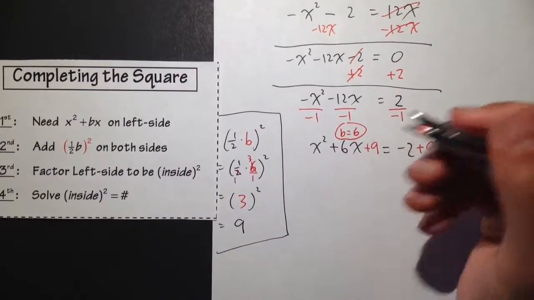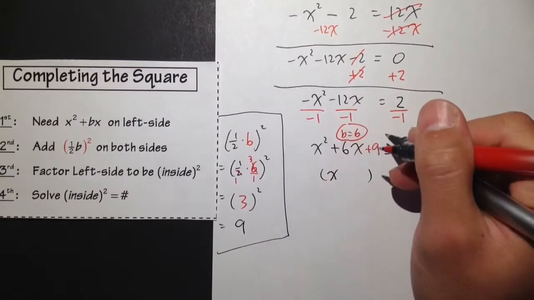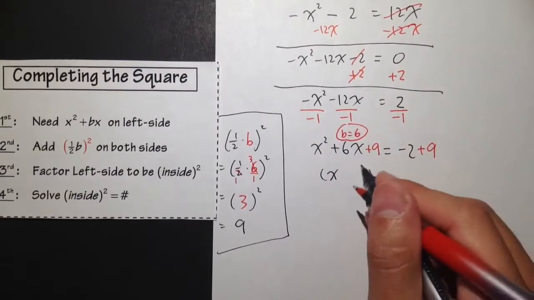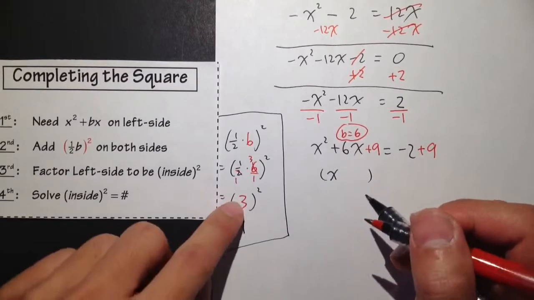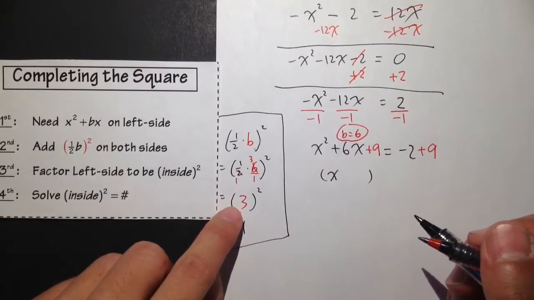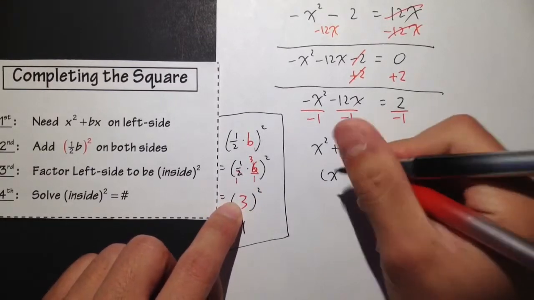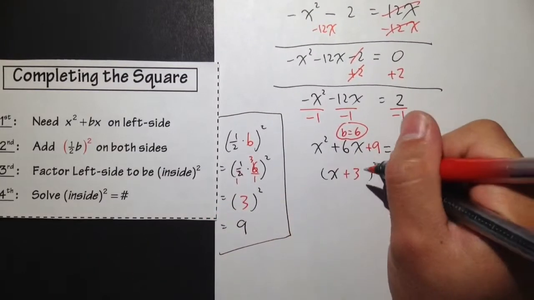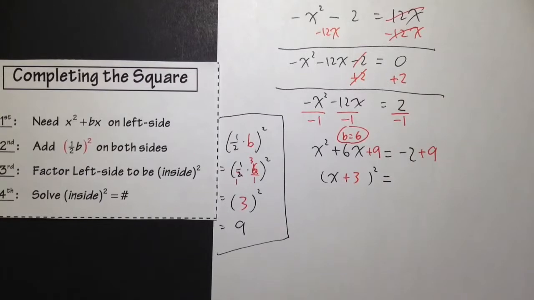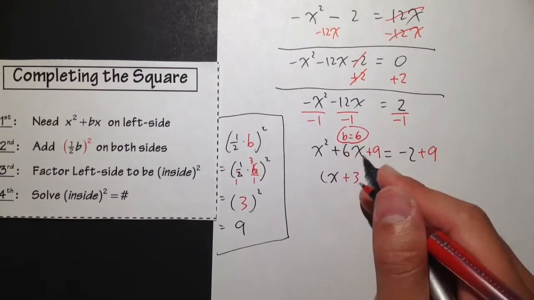As you can see from the previous videos, that will be just x. Look at what's inside right here, the number before you square, which is the 3. It's positive 3, so it's plus 3, squared. Okay.